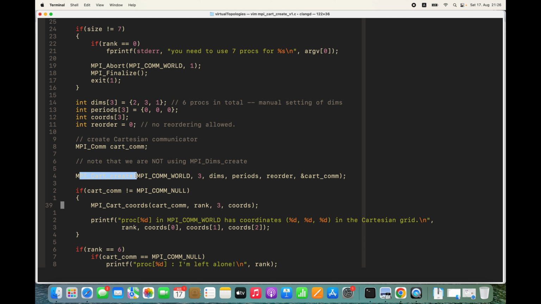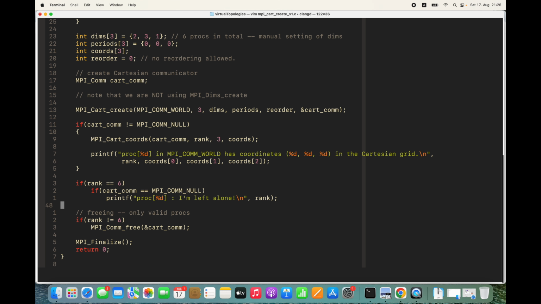So we call this MPI card create. Every process has access to this topology constructor call with the proper arguments. And then we say if the card com is not MPI com null, because for the process that is left alone, it's going to return MPI com null. So we put an isolating if statement here.